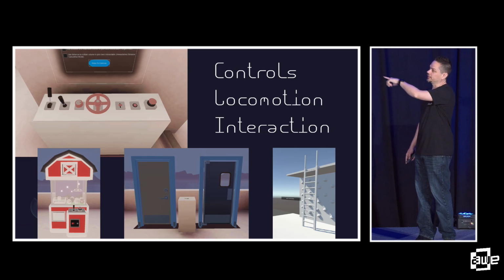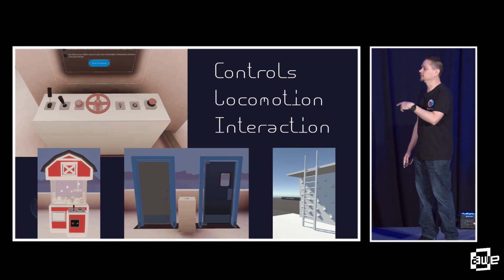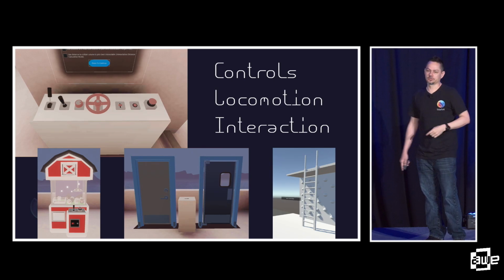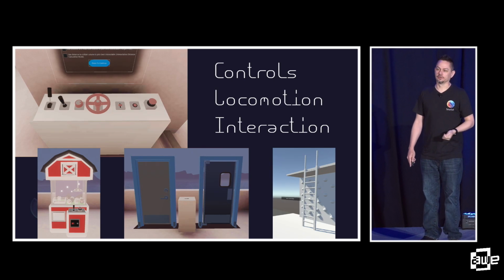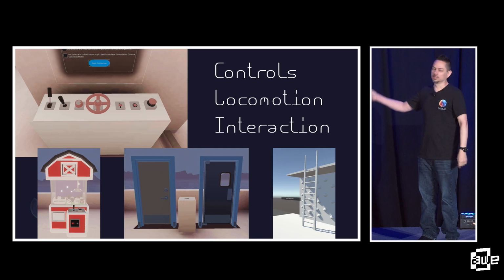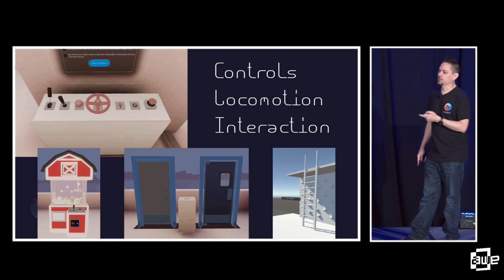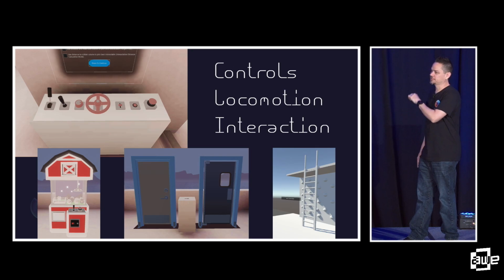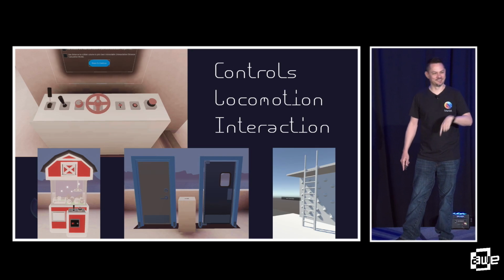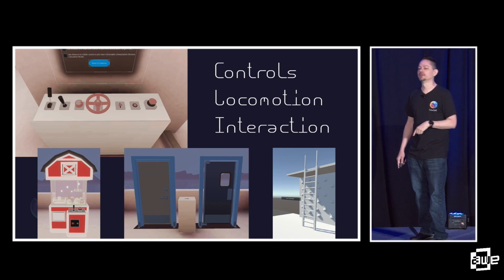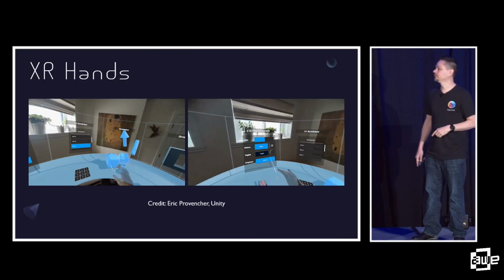It has things like these wonderful steering wheel and knobs and joysticks and sliders and physically based push door with locking handle, claw machine, ladders that you can physically climb or teleport up and down. So these are all things that are part of XRI, but in the sample package, not in the library built into Unity. So make sure you check that out.